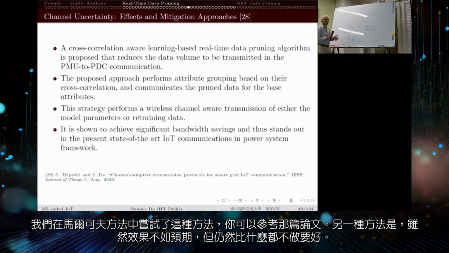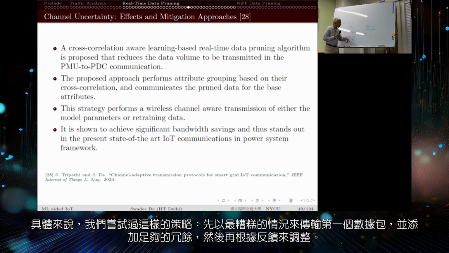The other approach we considered is not doing very well, but it is still doing something better than doing nothing. Let us transmit the first packet in the worst possible scenario with sufficient protection, and then look for feedback.